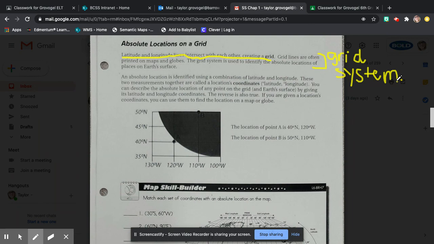All right, so I think that's the important information from that first little paragraph. So let's go ahead and read this second paragraph. It says an absolute location is identified using a combination of latitude and longitude. These two measurements together are called a location's coordinates, which is latitude, longitude.